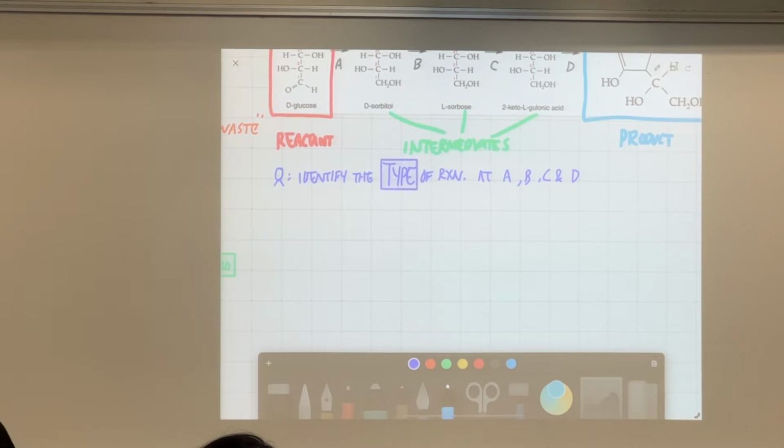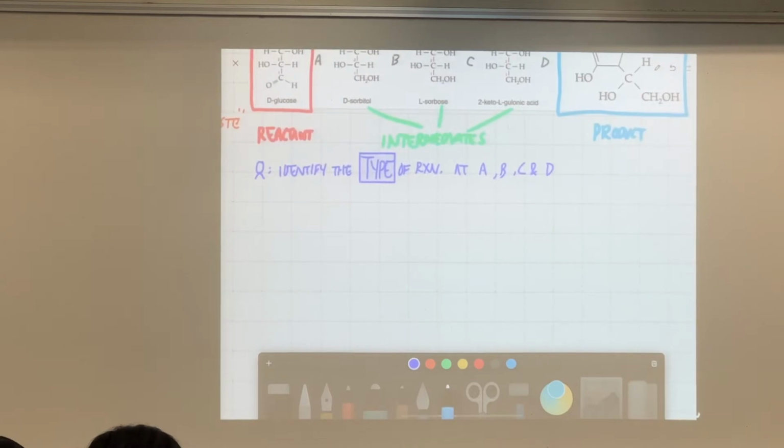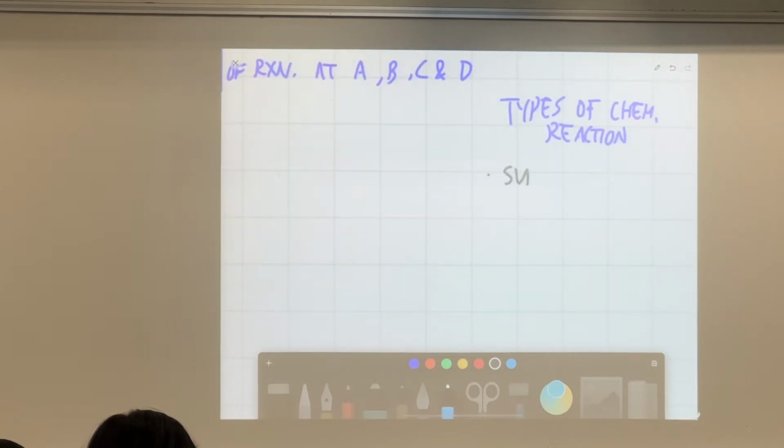It can be neutralization, it can be combustion, it can be decomposition or displacement or oxidation or reduction. So that's what we mean by type of chemical reaction. Write this down. So when they ask you, what are some types of chemical reaction that you have learned? Well, you learned a lot already actually. Write them all down. Substitution.